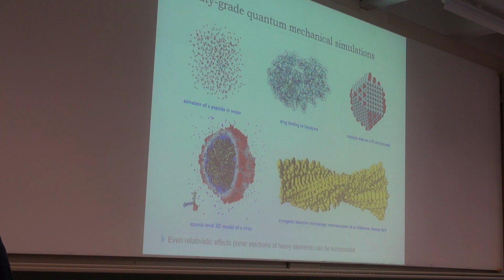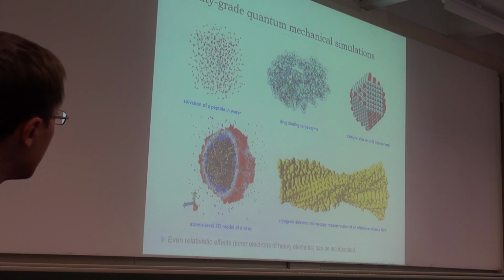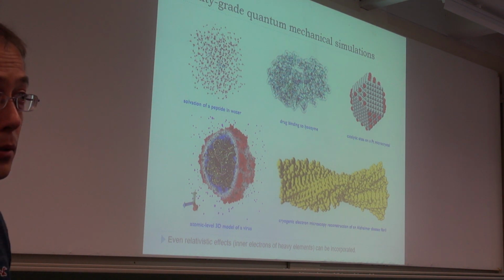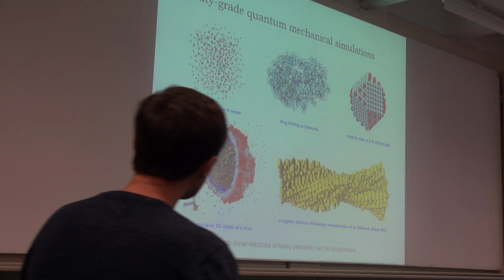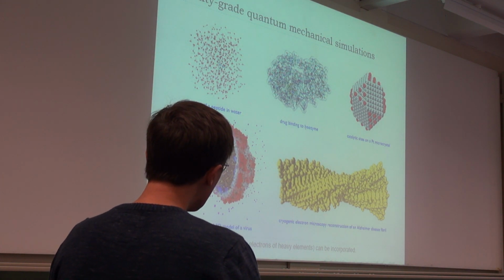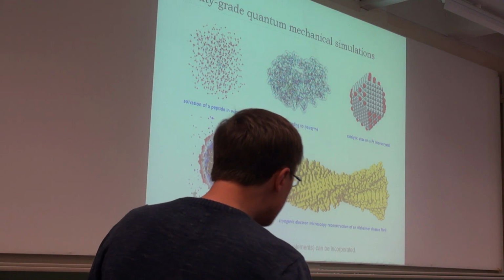So you actually have relativistic effects for the inner electrons of heavy elements, and even that can be incorporated. In fact, gold is yellow because of the spin-orbit coupling. It's a relativistic effect.